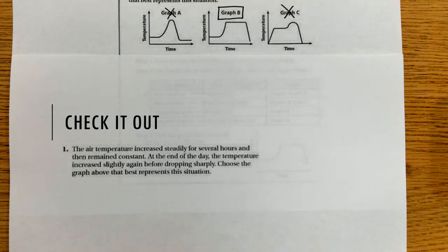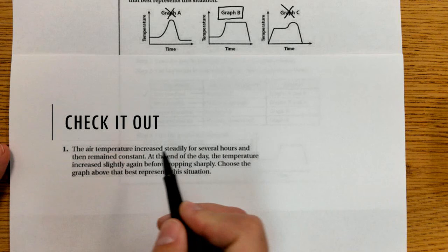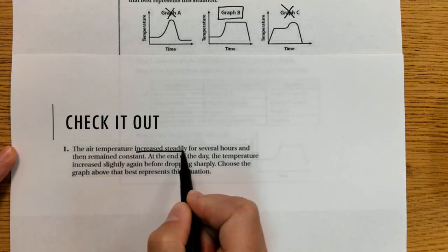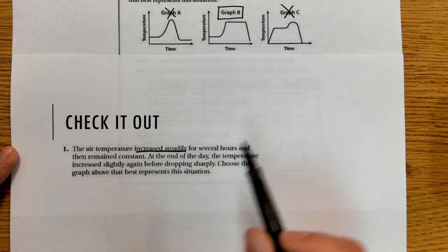So it says the air temperature increased steadily for several hours and then remained constant. At the end of the day, the temperature increased slightly again before dropping slightly. Choose the graph above that represents the situation. So here, increased steadily. Okay, so that's going to go upwards.